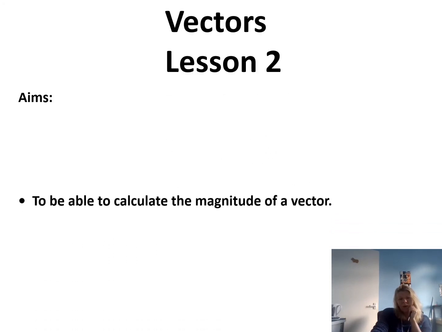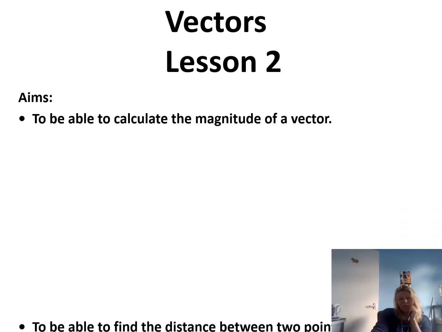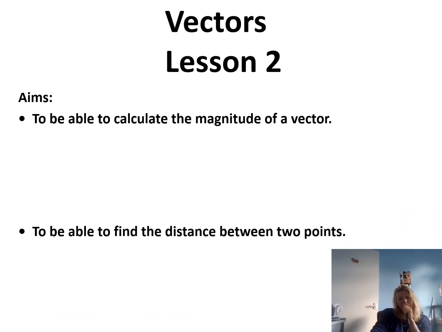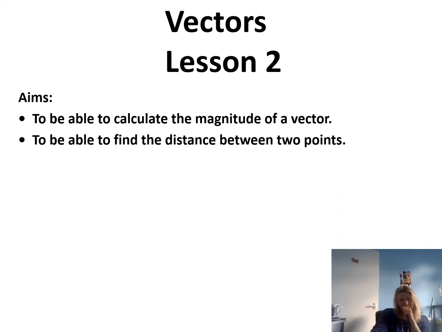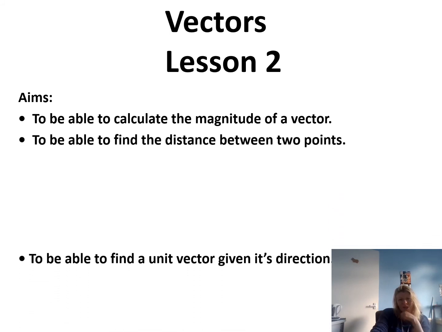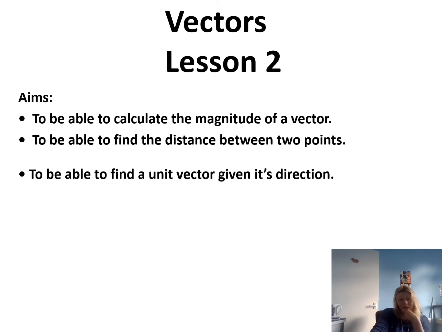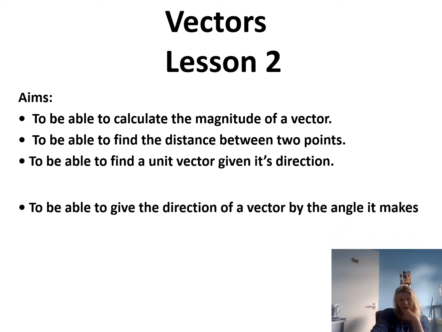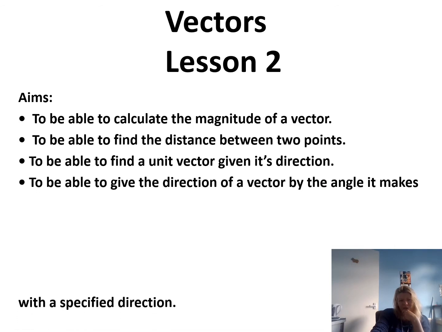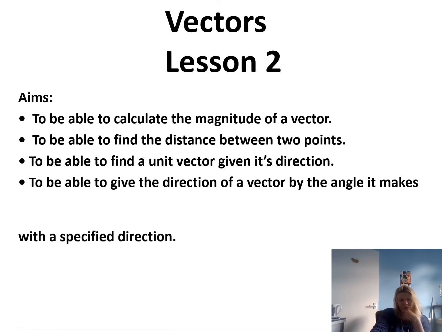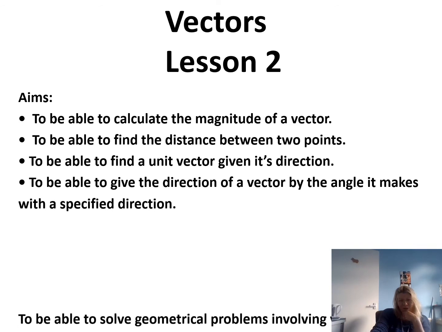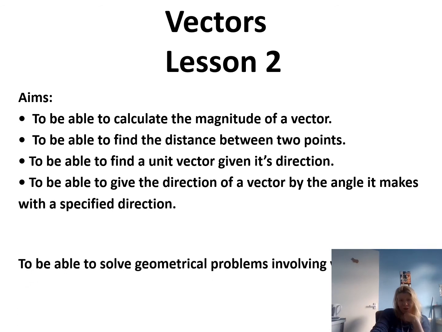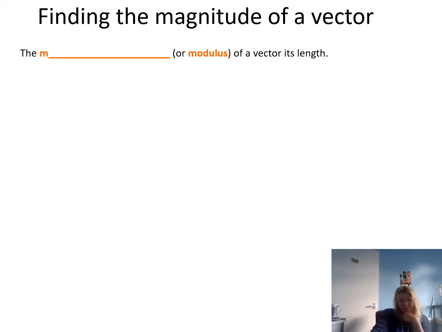We'll be able to calculate the magnitude of a vector, to find the distance between two vector points, to find a unit vector given its direction, to give the direction of a vector by the angle it makes with a specific direction, and to solve geometric problems involving vectors. So quite a lot. We're going to start finding the magnitude of a vector.